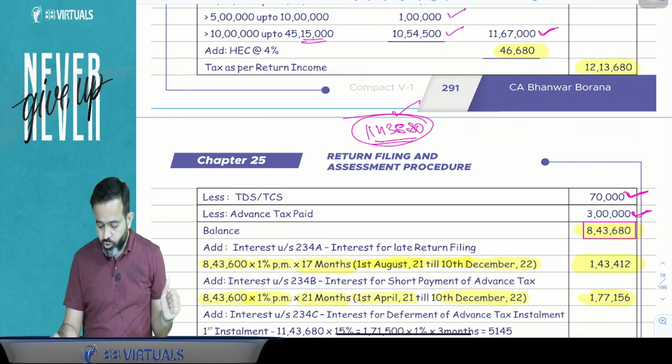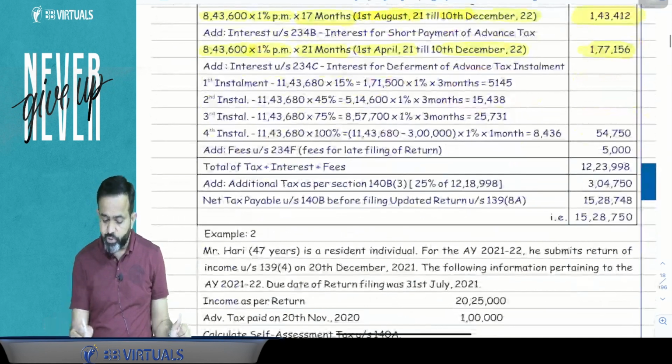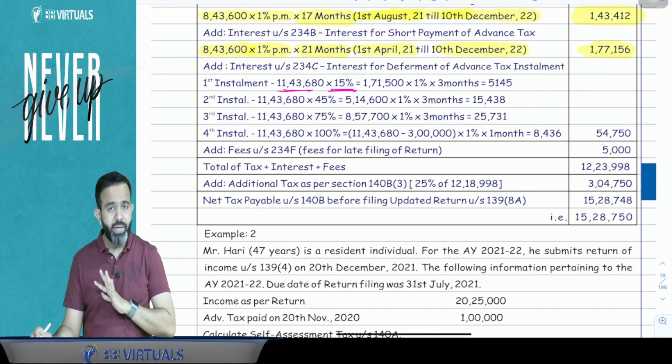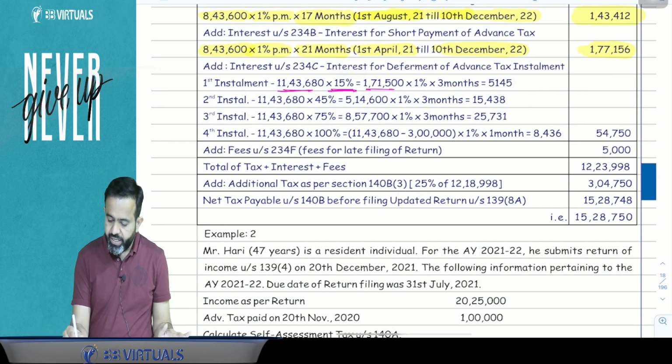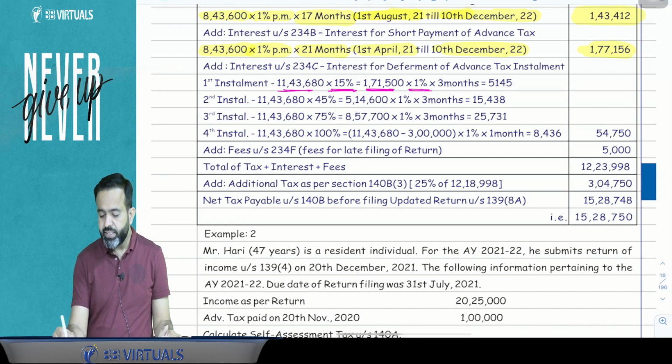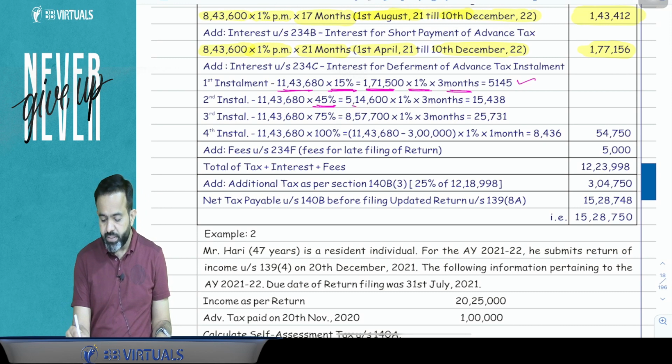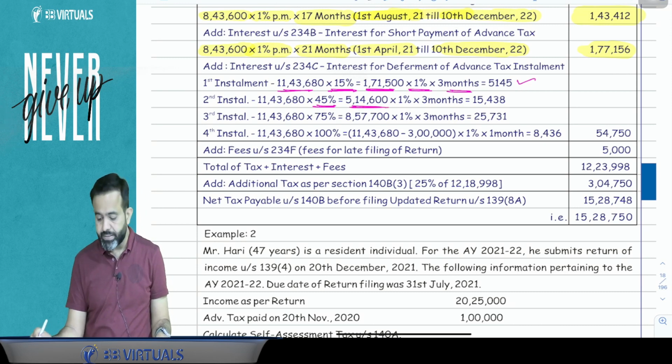11,43,680. So here 11,43,680 multiplied by 15% in the first installment, you have not paid anything. So guys, on 1,71,500, 1% interest for the 3 months. Now on the second installment, 45% on 5,14,600 multiplied by 1% for 3 months interest.